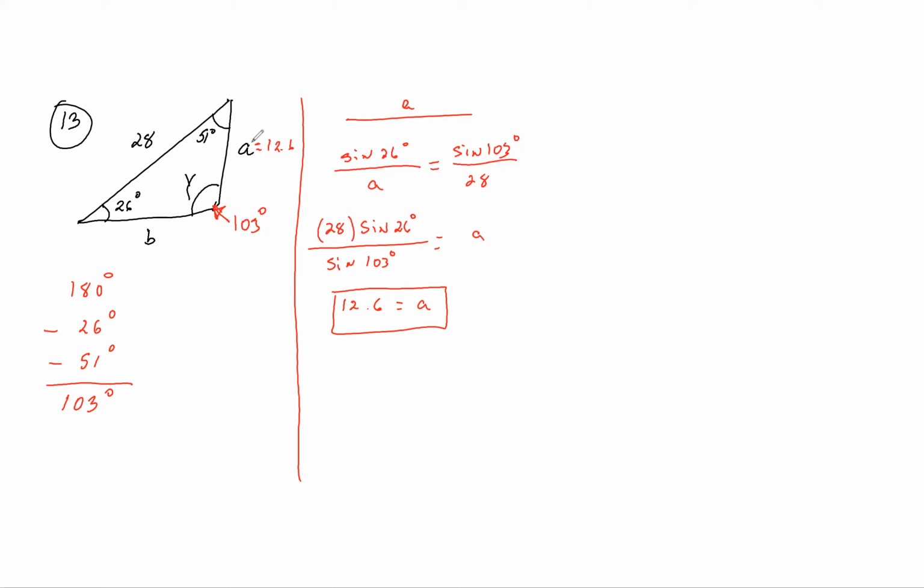B. If this one was a right triangle, we would apply Pythagoras, but no right triangle, no Pythagoras. And again, if you're looking for B, we got sine of 51 over B equals sine 103 over 28.